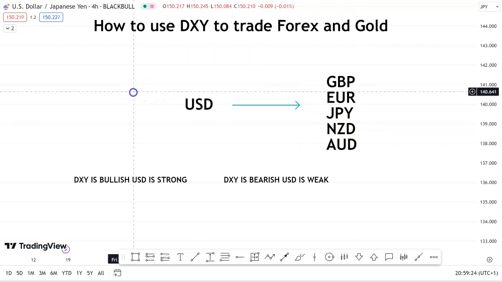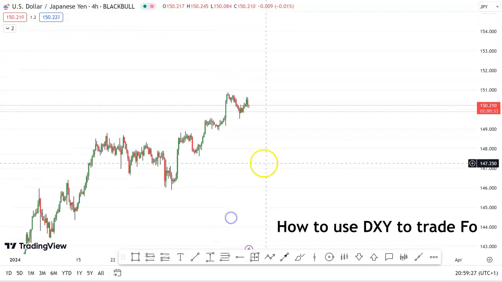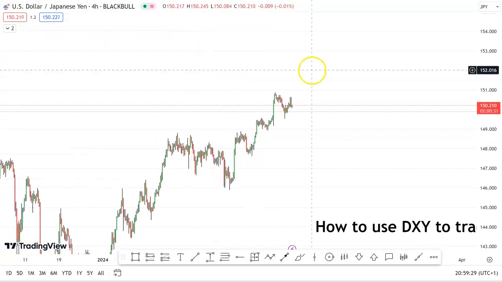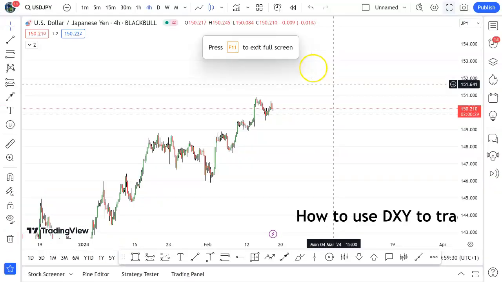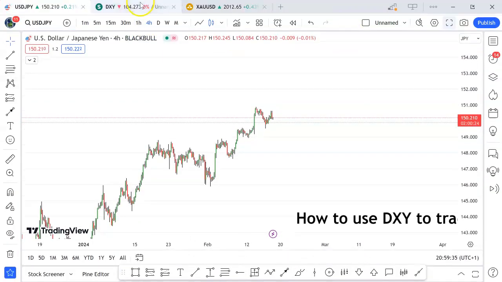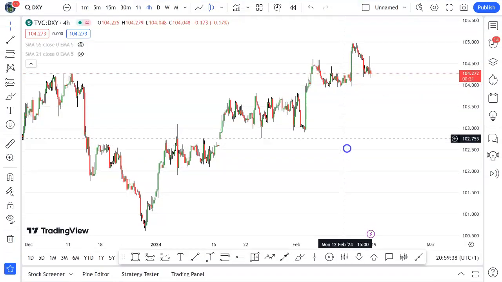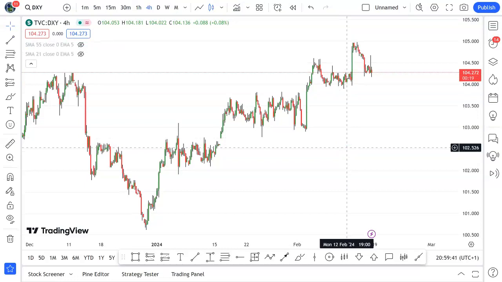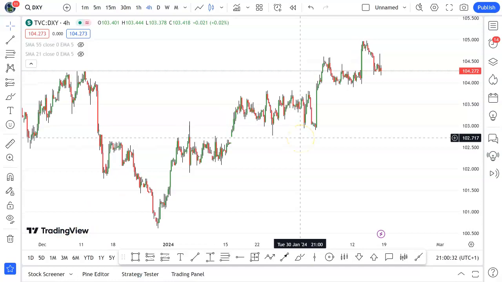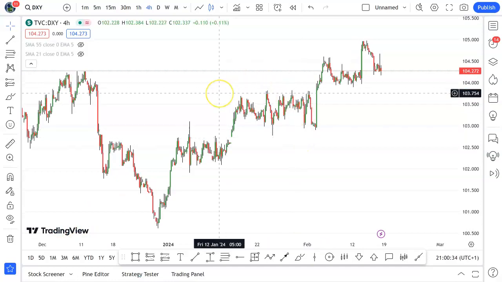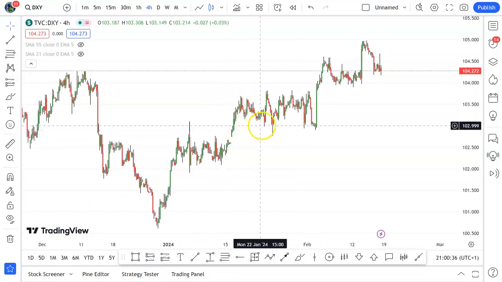So let's dive into the chart we have today. Alright, so I'll be making use of this. This is the DXY, and this is the 4-hour time frame, guys.